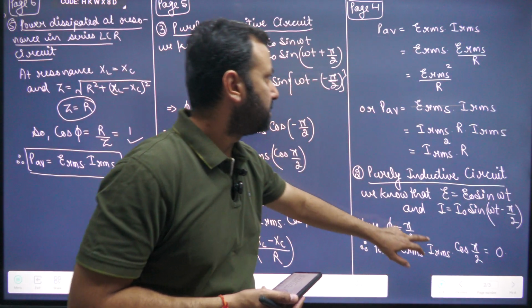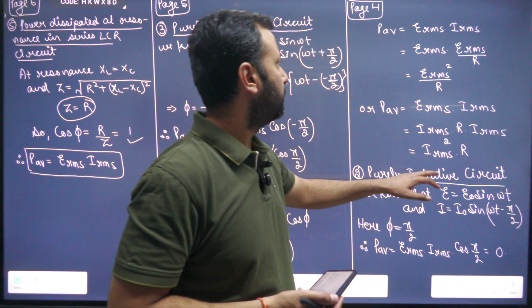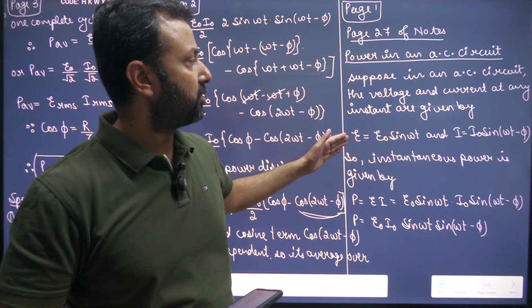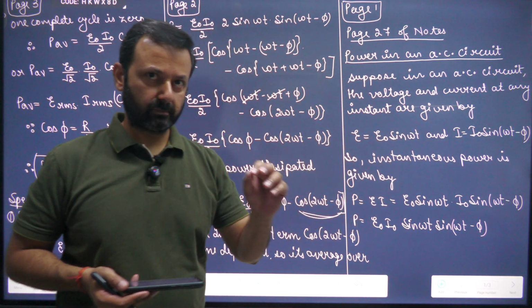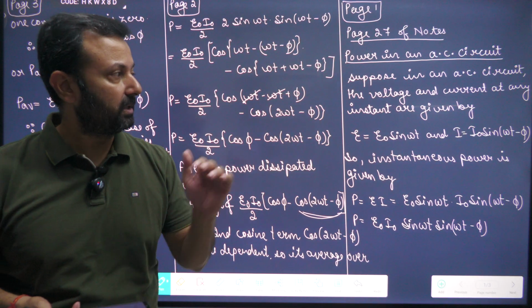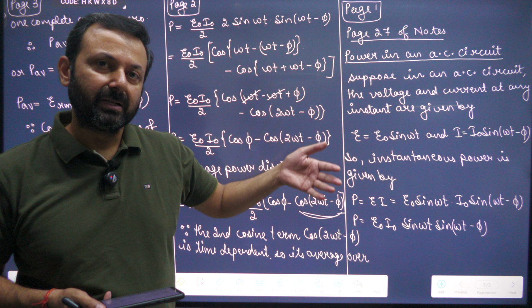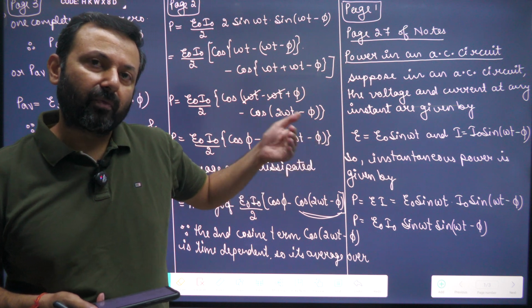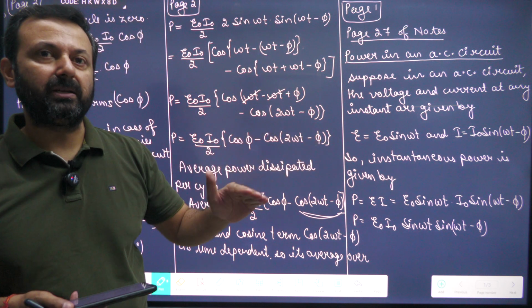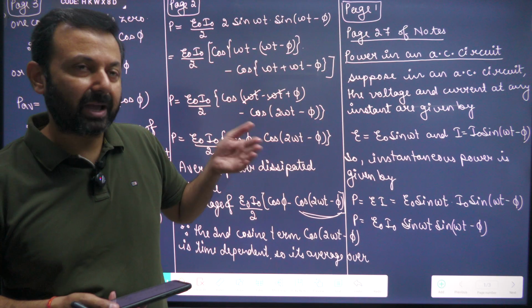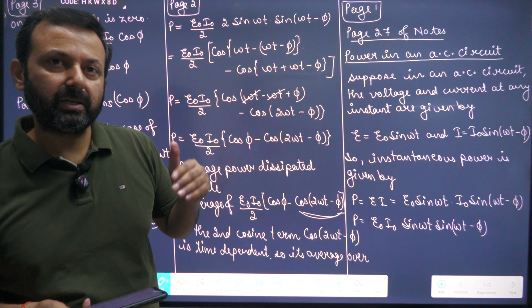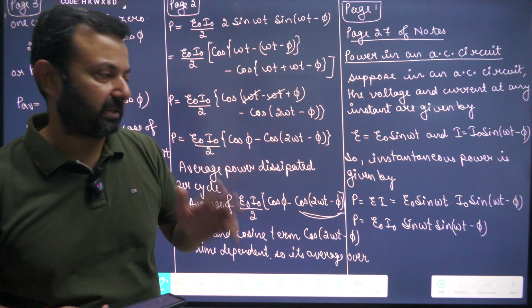Earlier we considered the EMF, E is equal to E naught sin omega t, and I is equal to I naught sin omega t minus phi. Minus phi means current I is phi angle behind E. It is lagging behind E by phase angle phi.